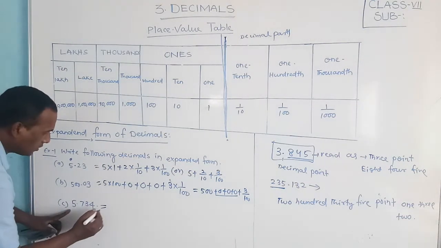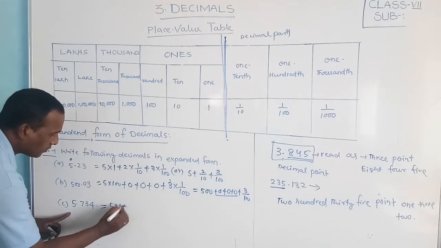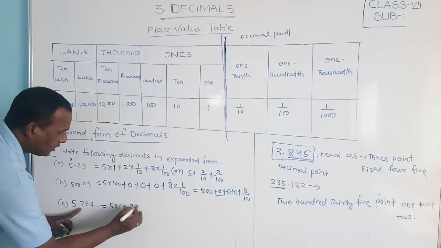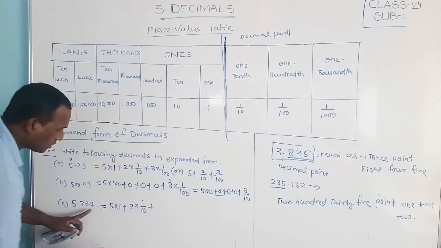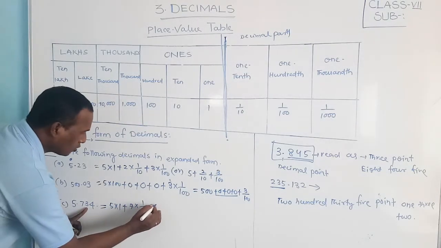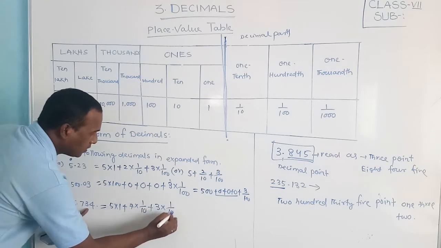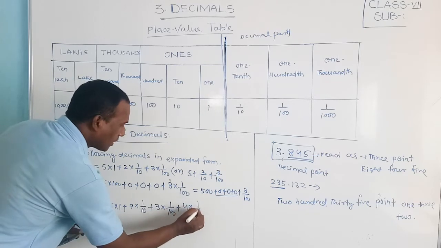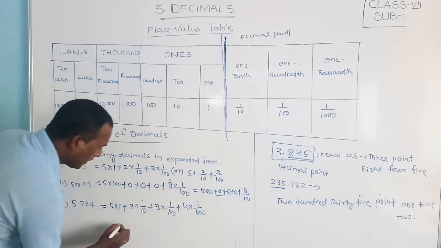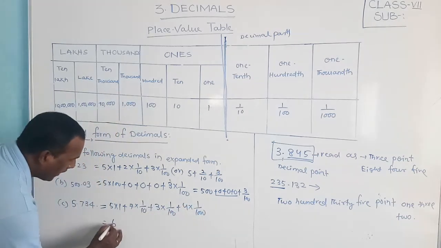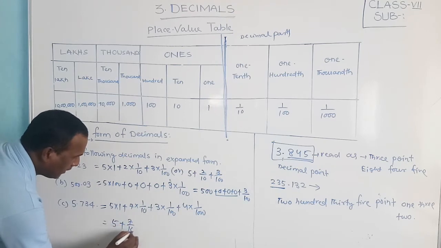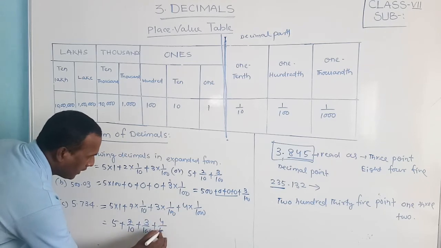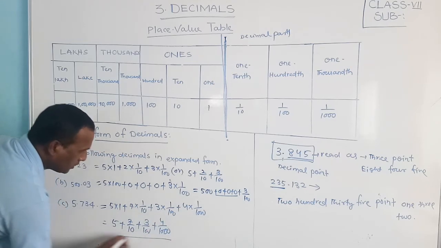So write down: 5 into 1, plus this is the 1/10 place, so 7 into 1/10, plus this is the 1/100 place, so 3 into 1/100, plus 4 into 1/1000. We can also simplify it: 5 plus 7/10 plus 3/100 plus 4/1000. This you can also write.